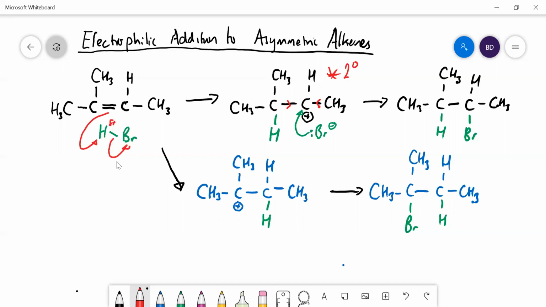But let's have a look at this one. This one is a tertiary carbocation, and that's more stable, isn't it? Because this one has got three alkyl groups, all pushing a bit of negative charge into that positive there, making it slightly less intense. So this is a more stable intermediate.